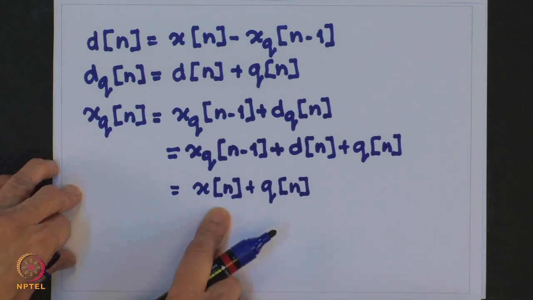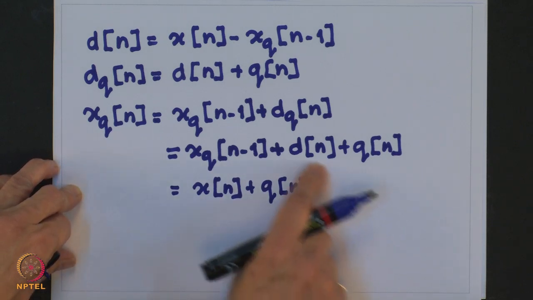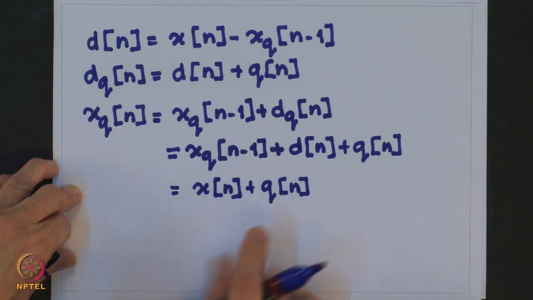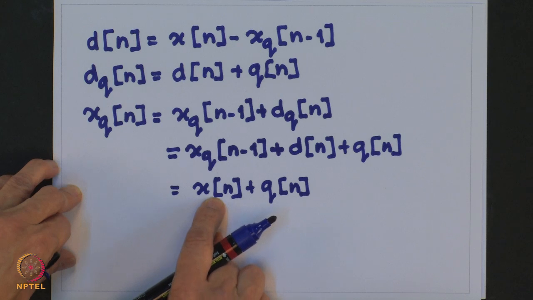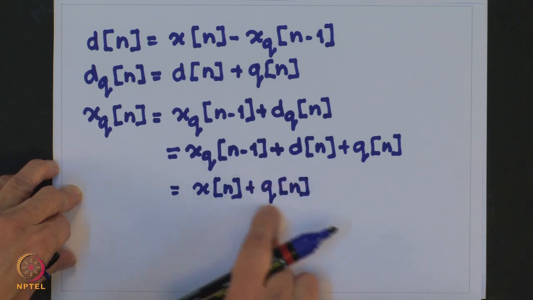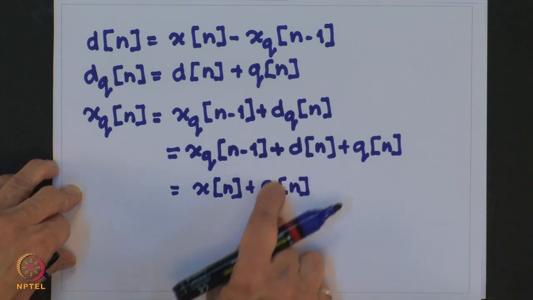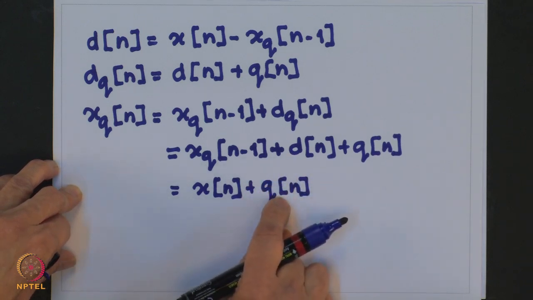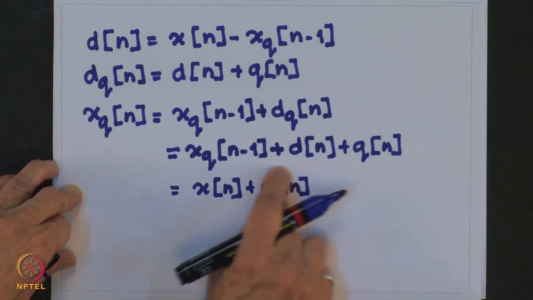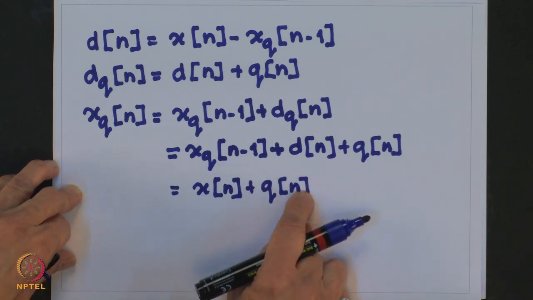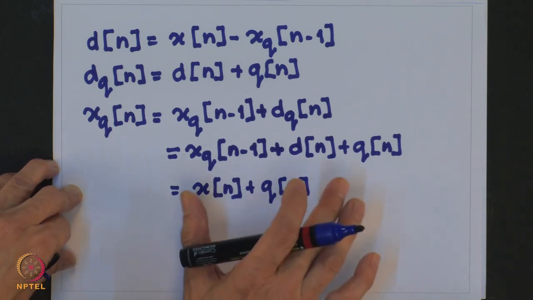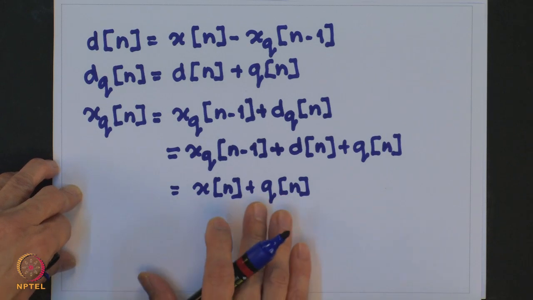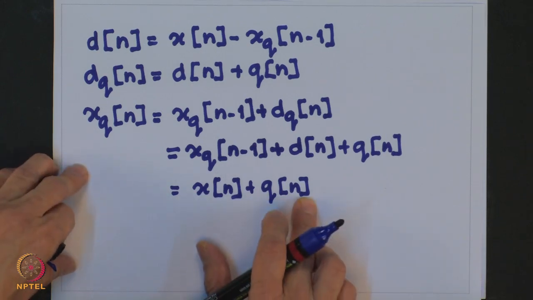So at the nth iteration there is no accumulation of the quantization noise. In fact, the quantization noise in the reconstructed sequence is the quantization noise incurred by the quantization of the nth difference. So the quantization error for the difference sequence is substantially less than the quantization error for the original sequence. Therefore, this procedure will lead to the overall reduction of the quantization error.